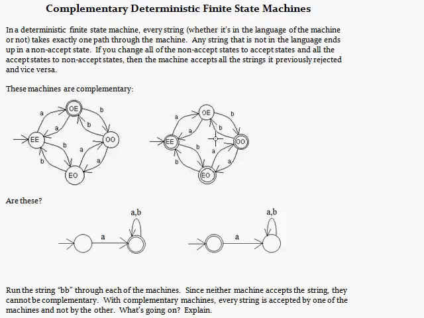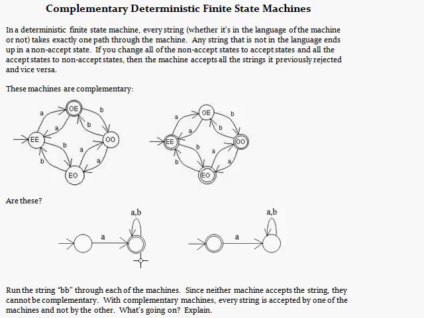Now what that means is that no matter which string of A's and B's you pick, one of these machines will accept it, and only one. So every single string is going to be accepted either by this machine or by this machine, never both, and always one. That's the case when two machines are complementary.